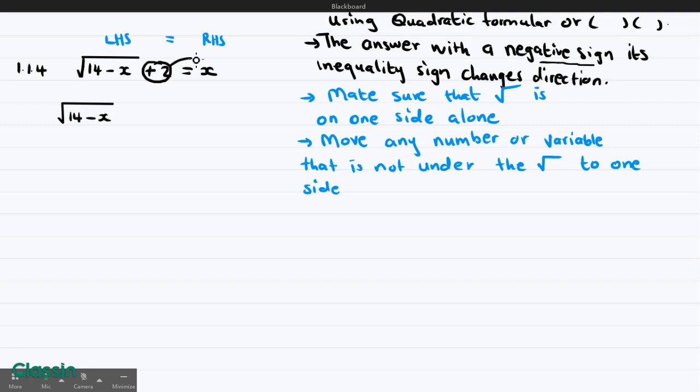Therefore, we need to move this item, equals to x minus 2. So we have moved any number or variable that is not under the square root to one side. And now we have made sure that the square root is on one side alone.